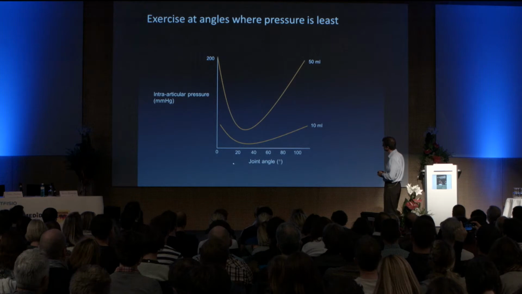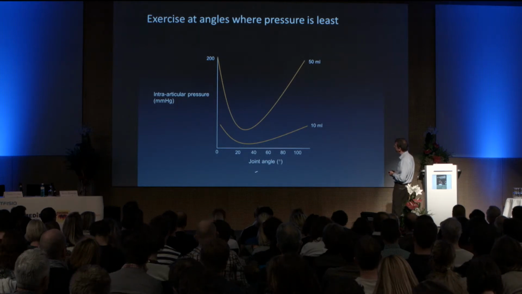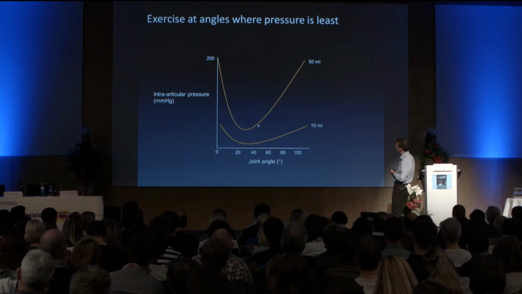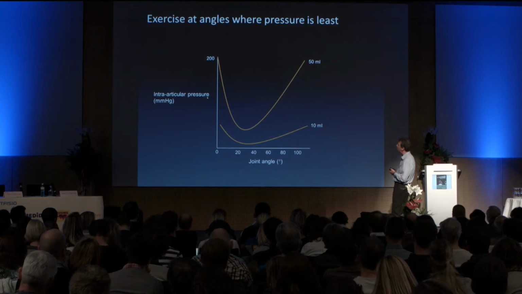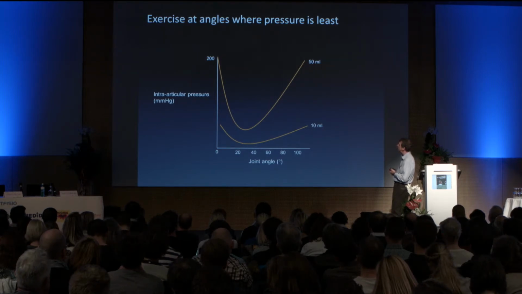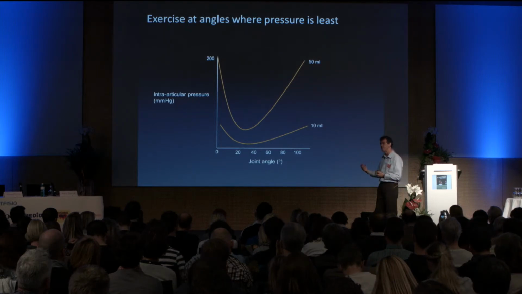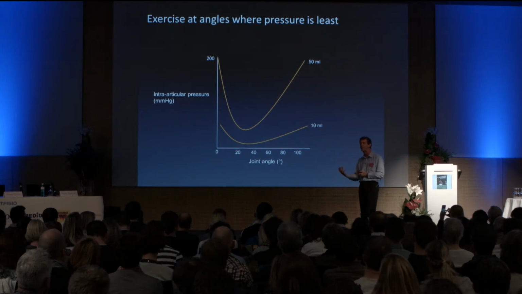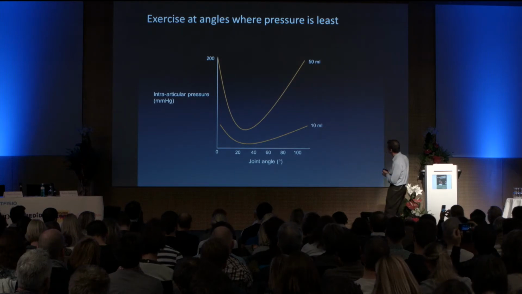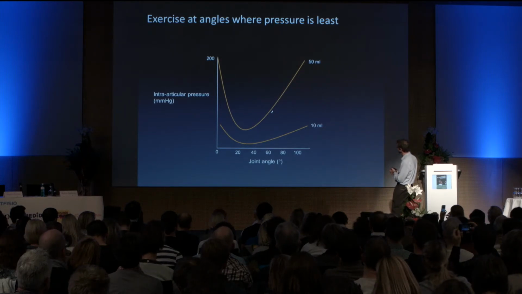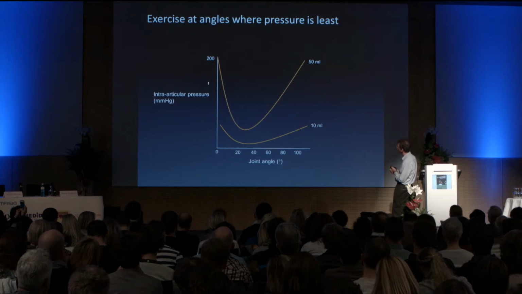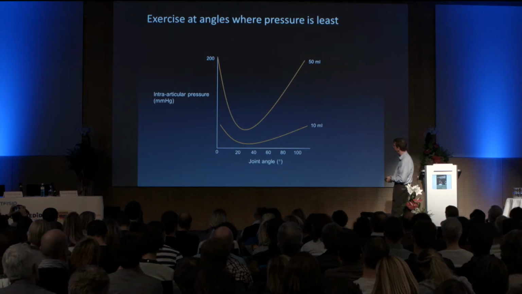For instance, at the knee joint here, we can see by putting the joint at around 20 to 30 degrees, we've got very low intra-articular pressure, and as a result of that, those receptors will not be firing off as much, and you'll be able to get better activation as opposed to doing muscle work further into flexion or right up close to full extension.